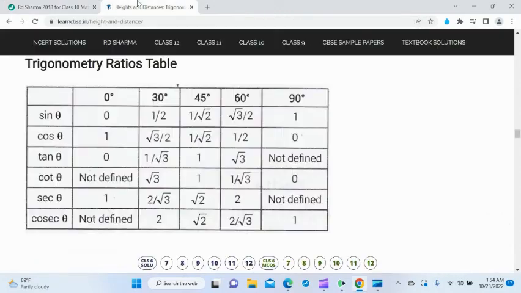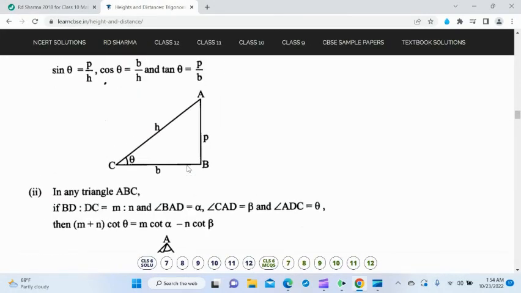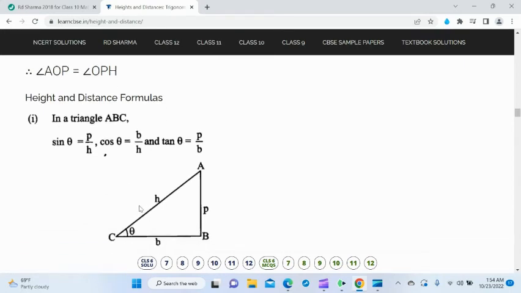Based on our requirement we will put in the formula that we need. Here we need h, so in which formula does h come? Cos theta, and we have b given. Correct. So these three things, sin theta, cos theta and tan theta, we have to apply in height and distance problems based on which value is given.